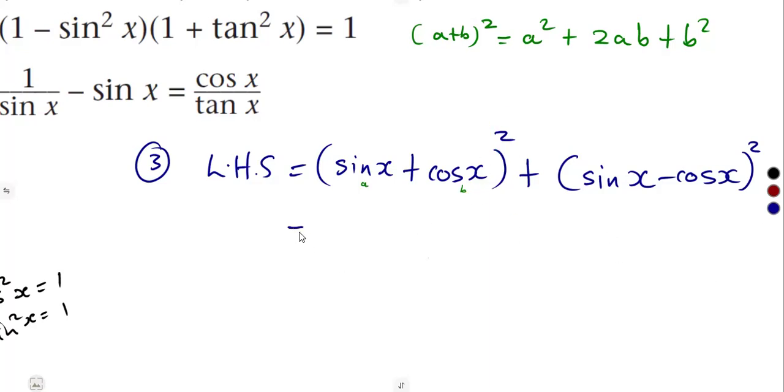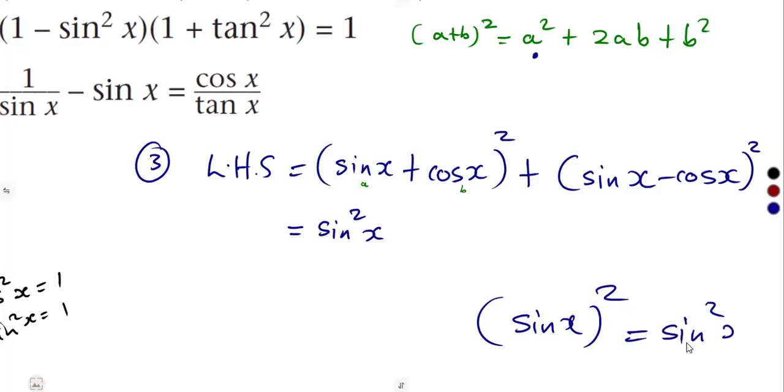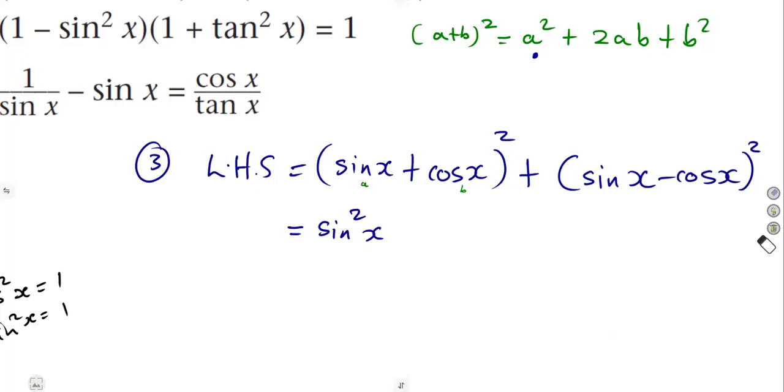So what are we going to have? A squared, which is the sine, so it is going to be sine squared. The sine of x squared like this is the same as sine squared x. I talked about this previously, so you're supposed to understand this, guys. Plus what? 2ab.